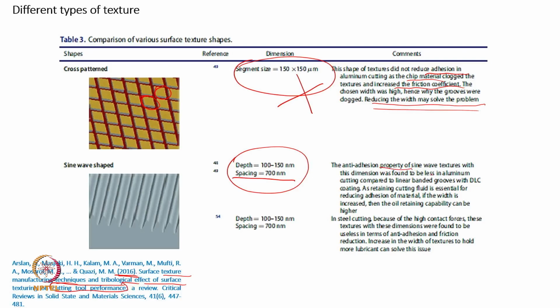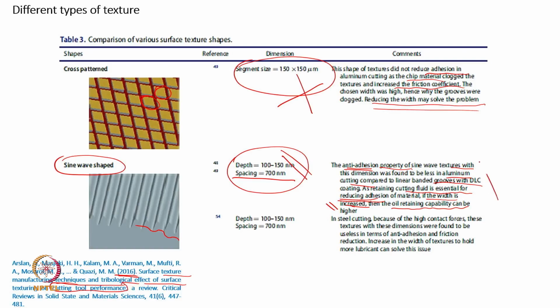The anti-adhesion property of the sine wave texture is found to be less compared to the linear banded groove, and this indicates that the cutting fluid required for reducing adhesion is increased, and oil retaining capability is increasing to some extent. If we are able to reduce the dimension, oil retaining capabilities can be increased.